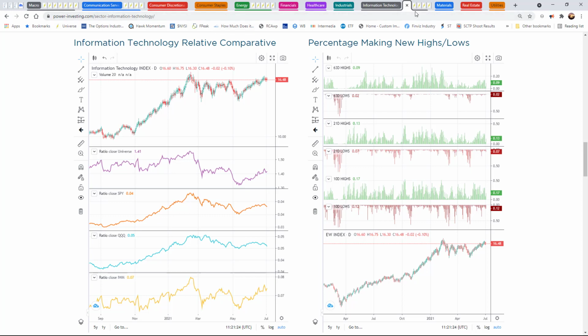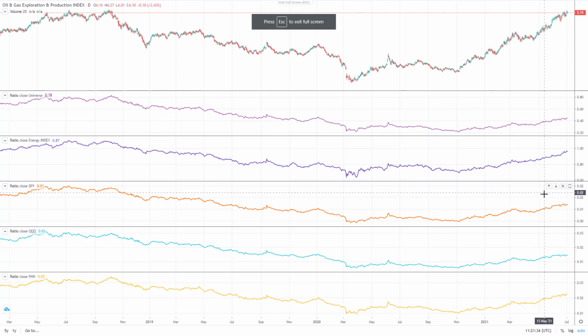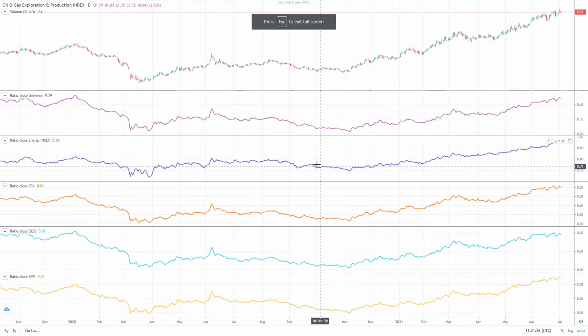Now let's move over to the subsector level and let's take a look at oil and gas exploration. This is a good example of a chart that has seen some relative strength for quite a while. If we go back and take a look, you can see right here that the relative strength came off these lows back on November 5th of 2020.